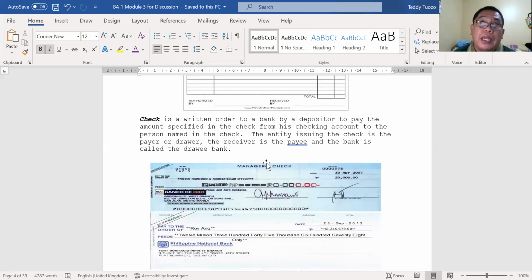For example, the company may opt to have a policy that only less than 1,000 will be issued from petty cash funds, and beyond 1,000 should now be issued with a check. Now, that is also one of the internal controls that a business establishment or an entity will employ in order to have control.